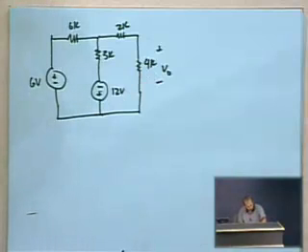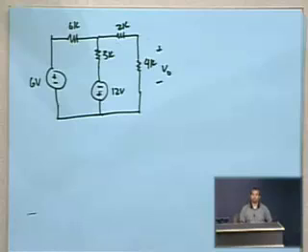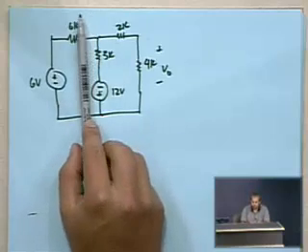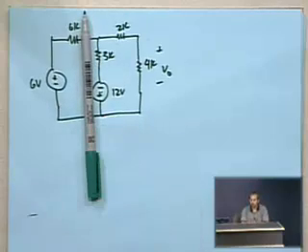One of the things that makes this problem at least a little easy is to note that everything on the left side of the circuit is already a Thevenin equivalent. We've got a voltage source with a series resistor. So in theory, you don't need to do multiple steps to make this one work.